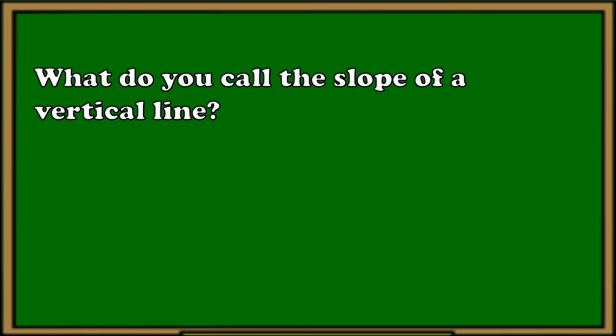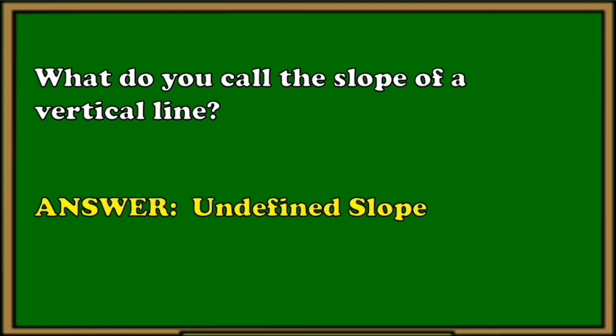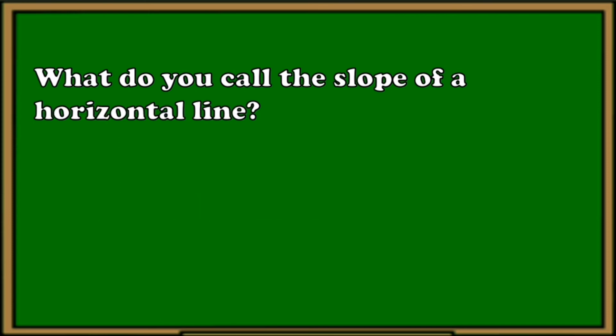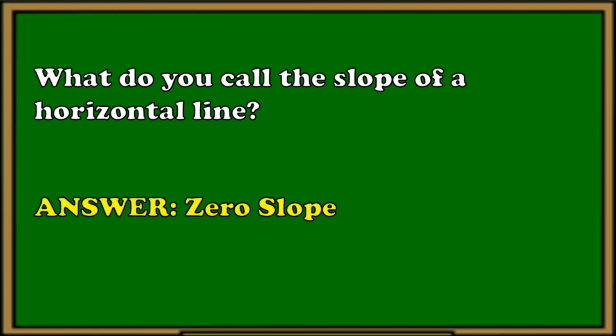What do you call the slope of a vertical line? The correct answer, undefined slope. Next question. What do you call the slope of a horizontal line? The correct answer is zero slope.